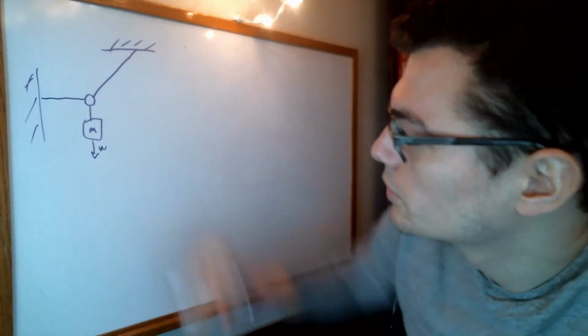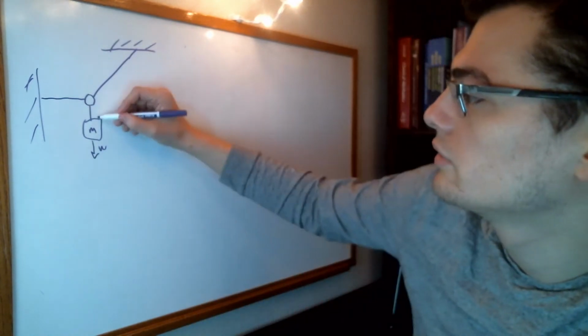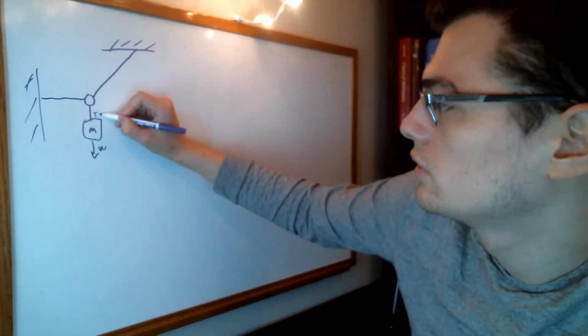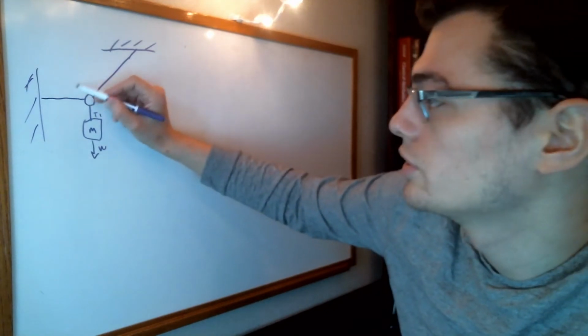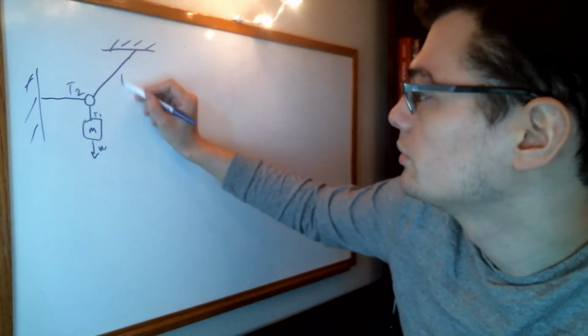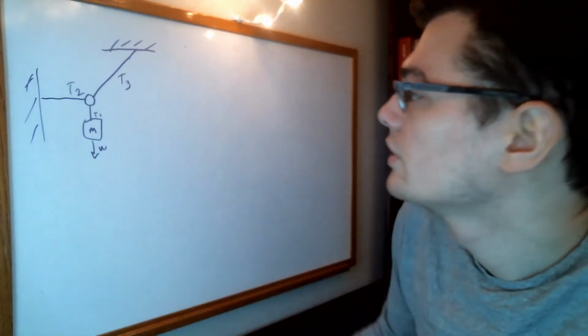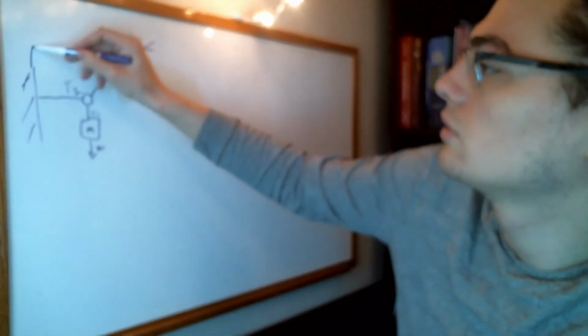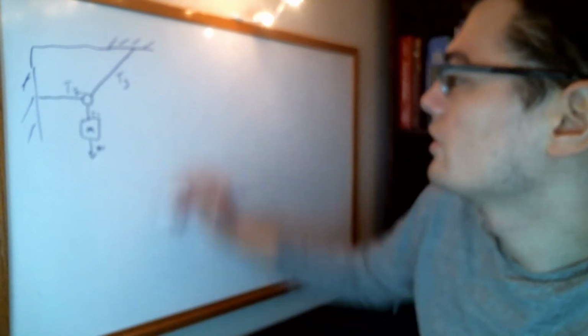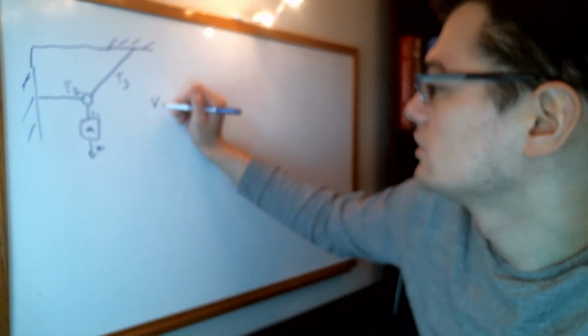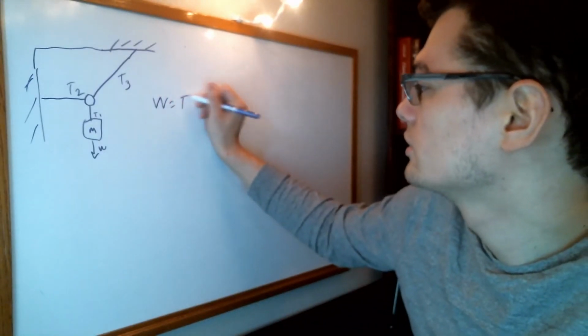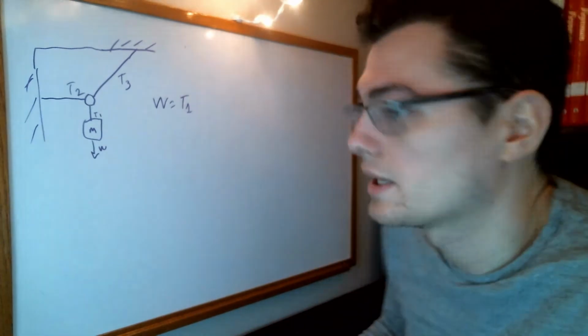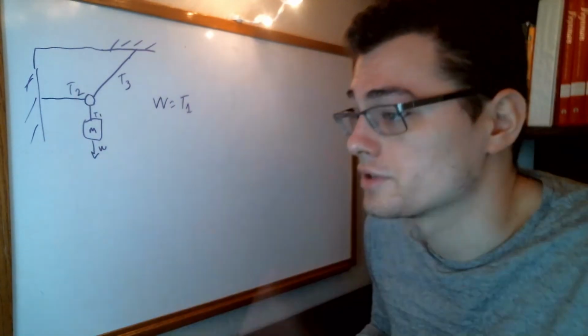And we know that W is pointing downwards, and that from our last example, this is T1, we'll denote this as T2, and we'll denote this as T3. So now in this case, we know that W is going to be equal to T1 because of what we did last time, and because of Newton's first law.